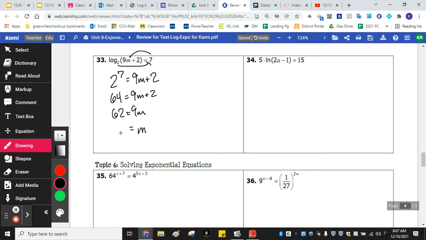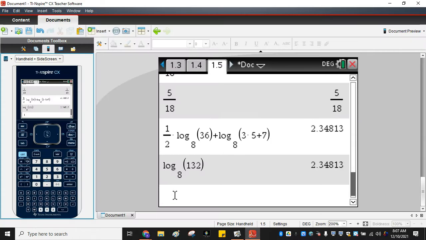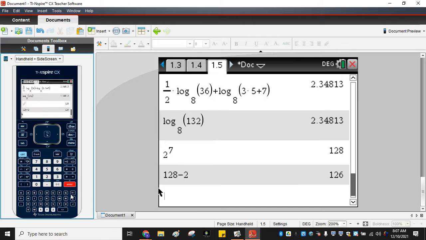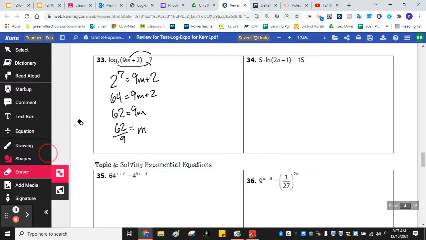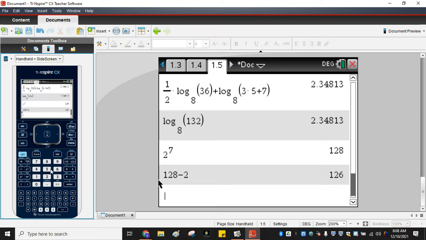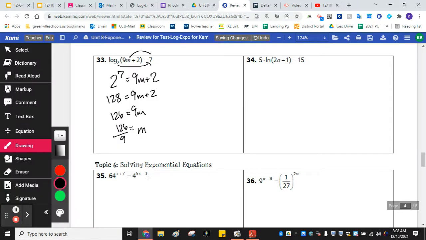I don't think that's a nice number. I was wrong. 2 to the 7th is 128. Oh my gosh, I'm struggling. So I'm subtracting at 126, and 126 divided by 9 is 14. Whew.